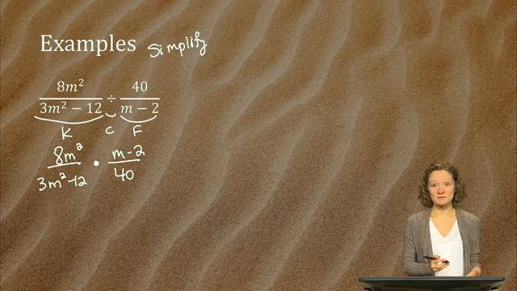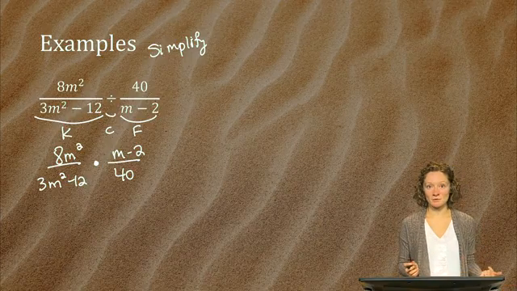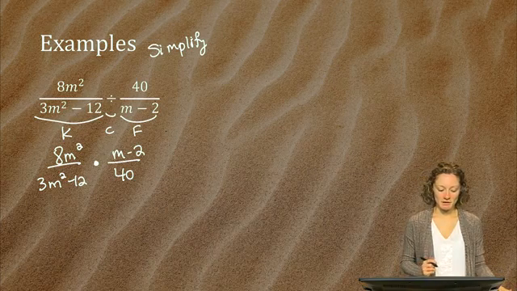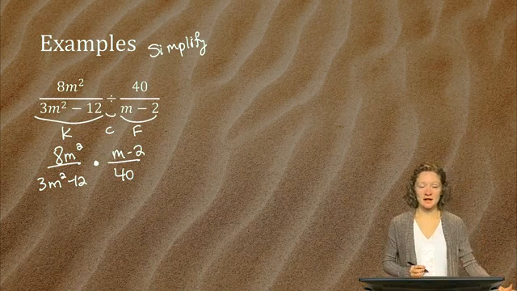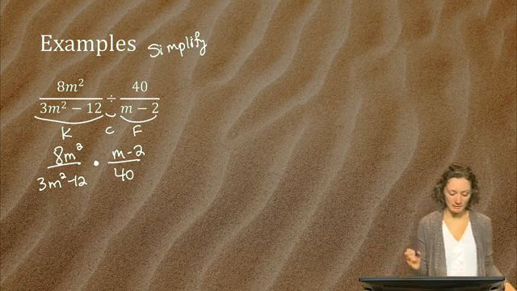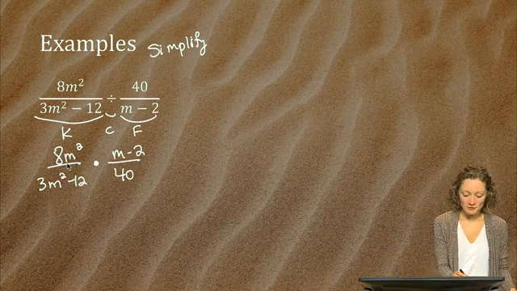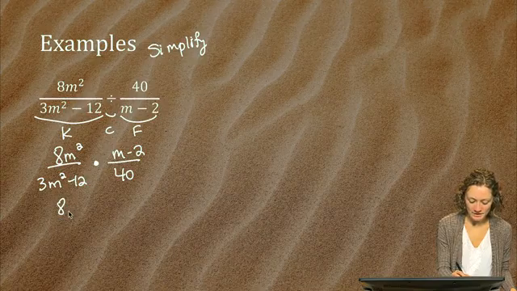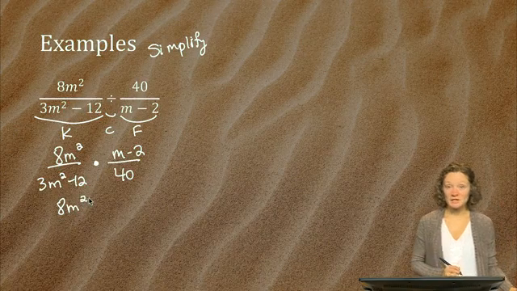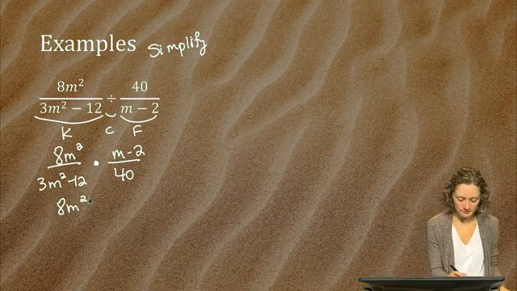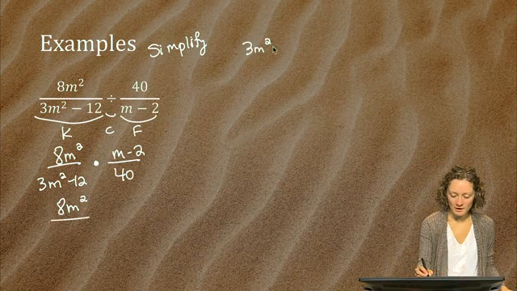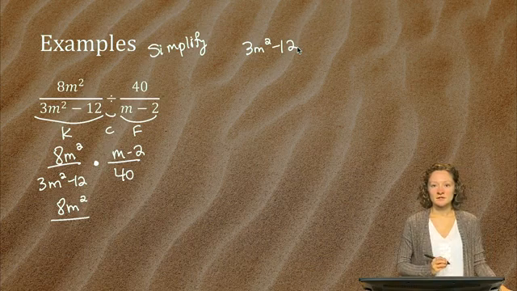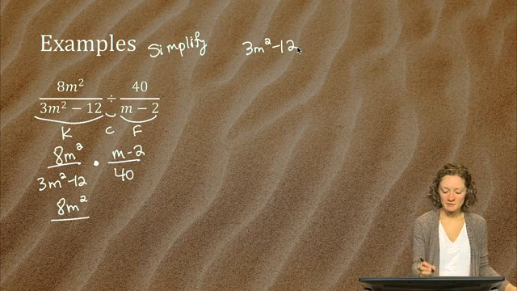Okay, now this problem doesn't look any different than the type of problem we just did, a multiplication problem. So, factor, and then cancel out or divide out what they have in common, top and bottom. In the first numerator, 8m squared, it's one term, so there's nothing we can do to factor it. In the denominator, we have 3m squared minus 12. The first thing we can do with this is the greatest common factor.